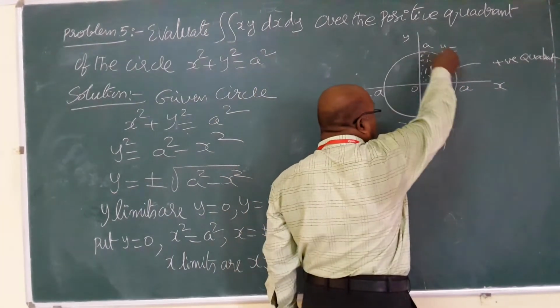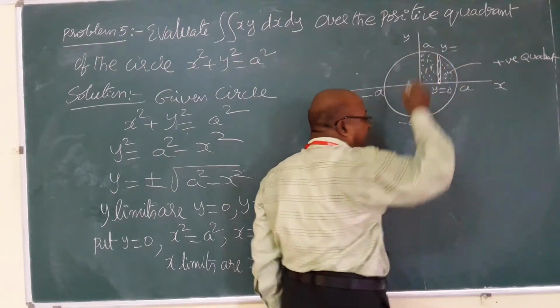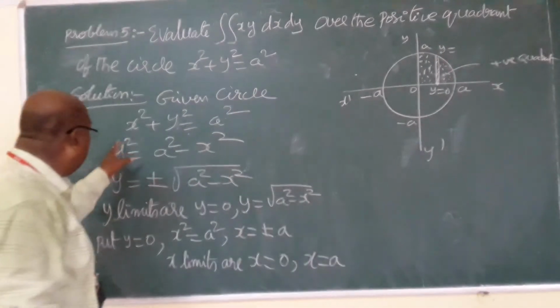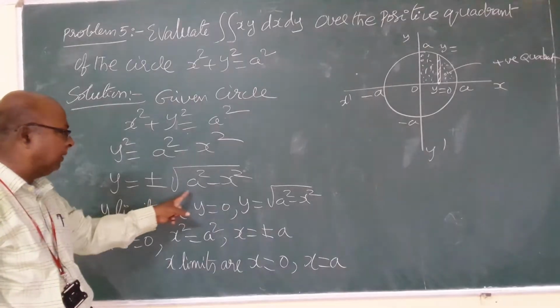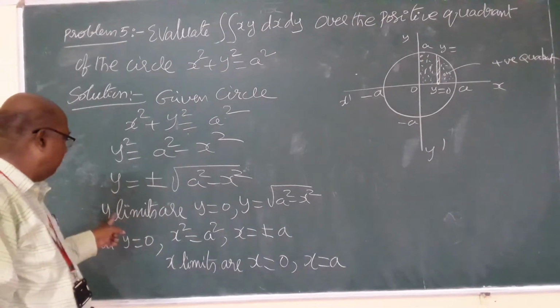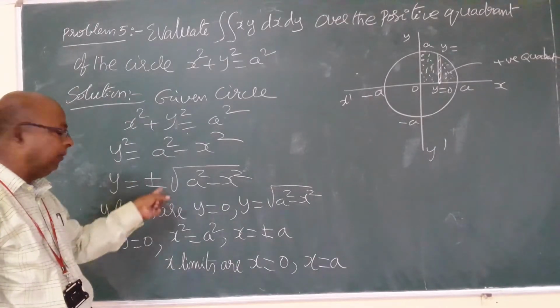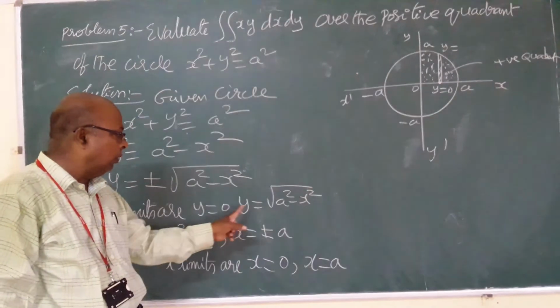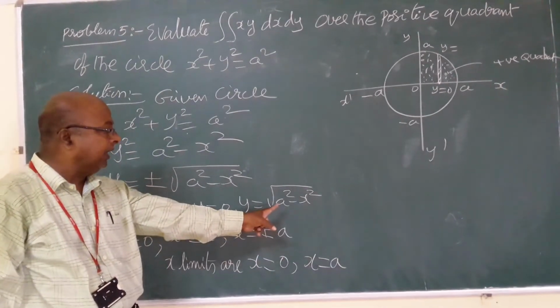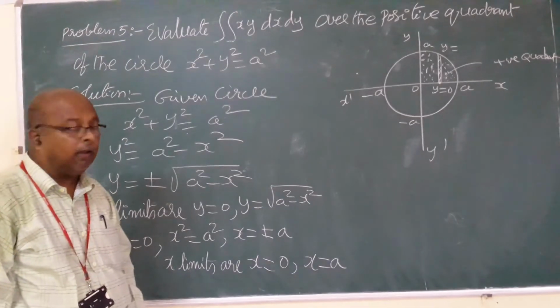This is the circle. So on the circle, y square is equal to a square minus x square. Y is equal to plus or minus root of a square minus x square. For the positive quadrant, take positive only. So y limits are y is equal to 0 to y is equal to root of a square minus x square.